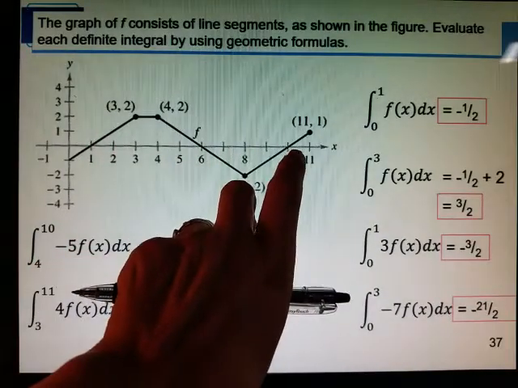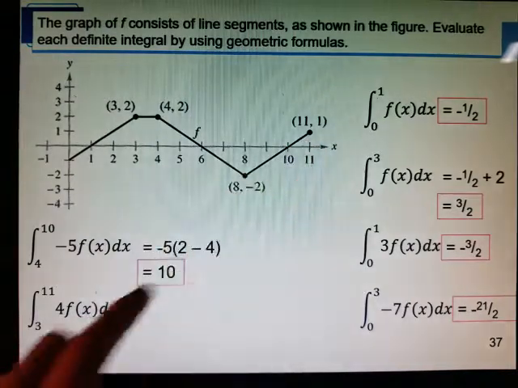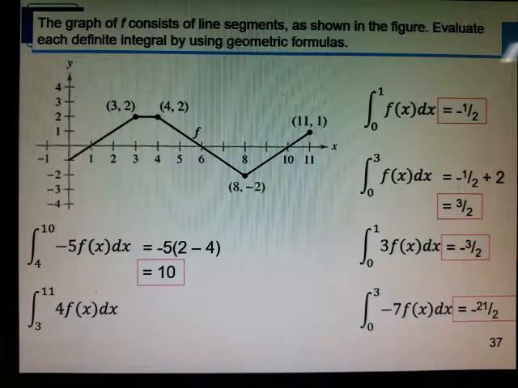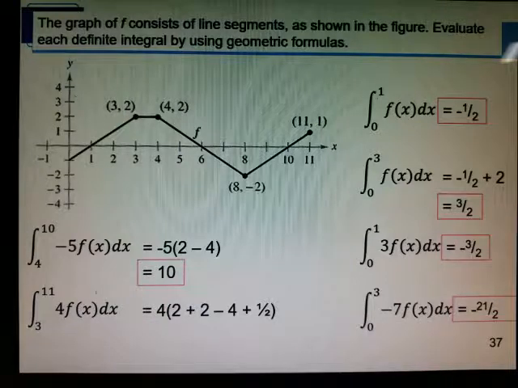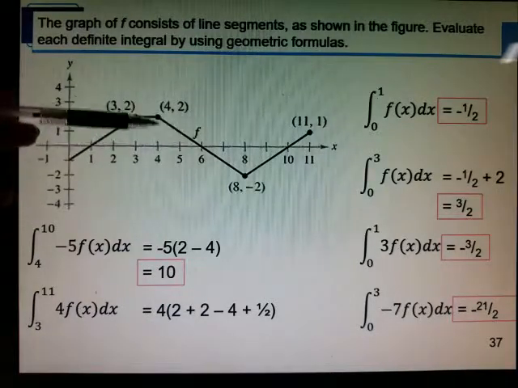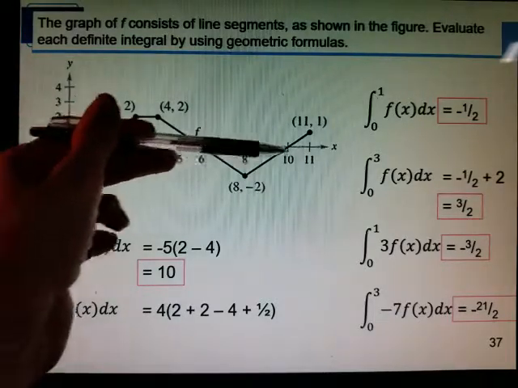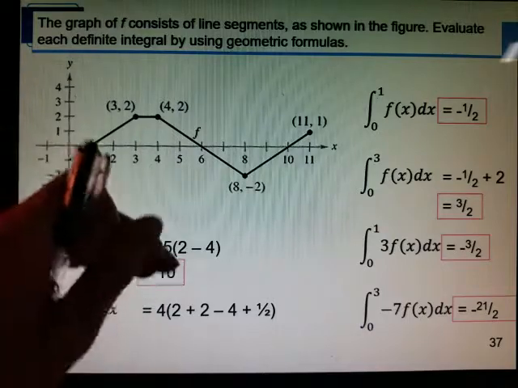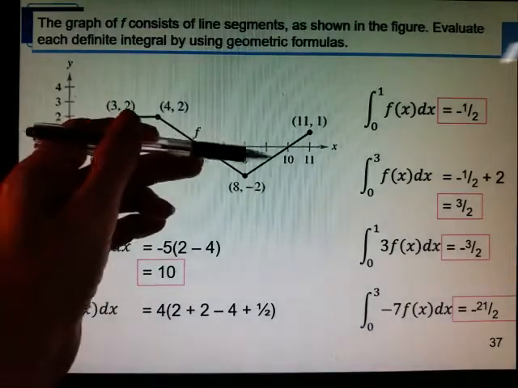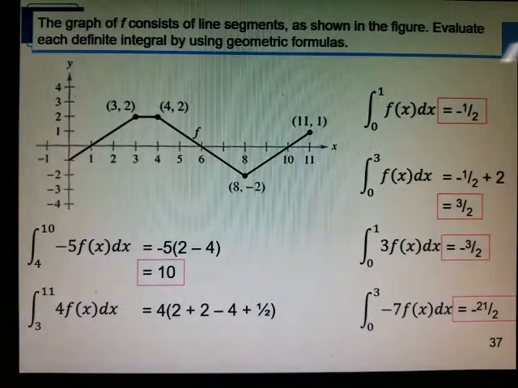Then this area is 1 times 1, so that's 1, but half of it, so that's going to be 1/2. So again, this little piece here is 2, this little piece area is 2, this area was 4, but it's below, so it's a -4. The area is 4, but the value of the integral from here to here is -4 because it's below the axis. And that one is 1/2. So once you simplify that, you get 1/2 and your answer is 1/2.